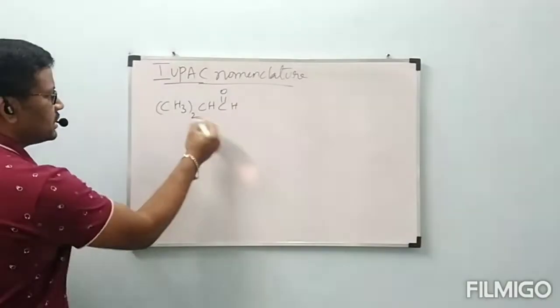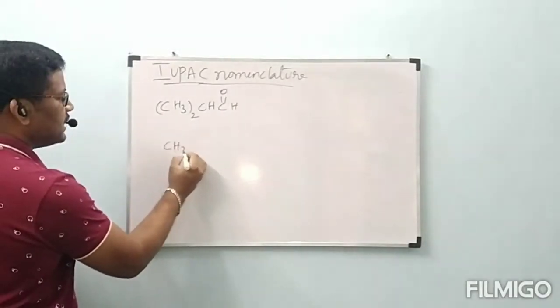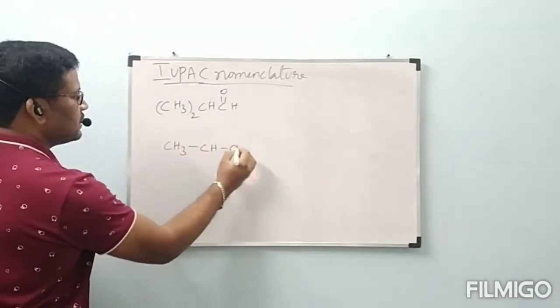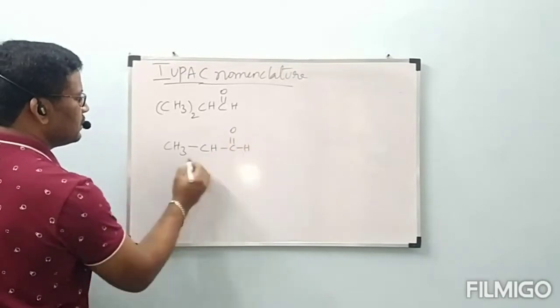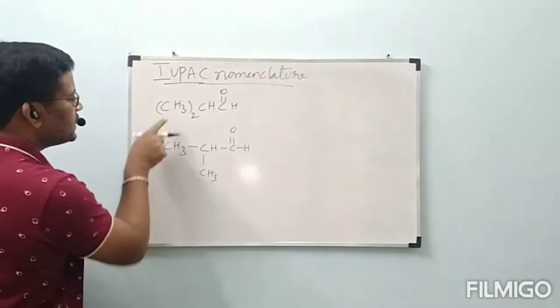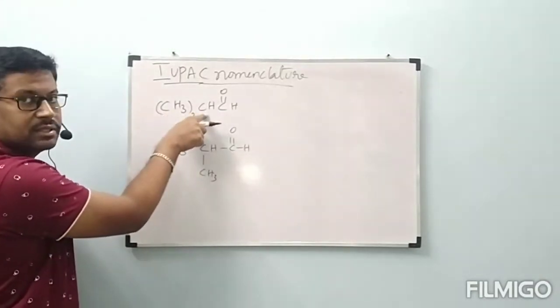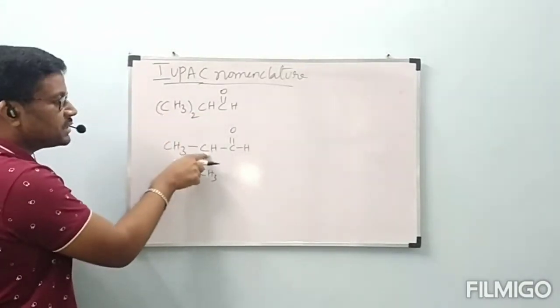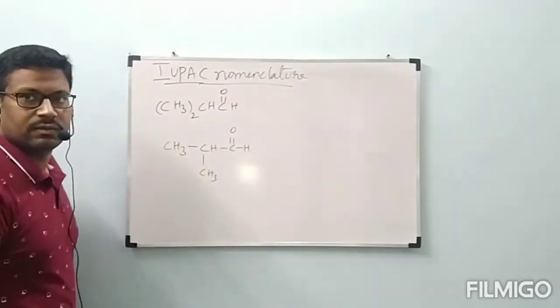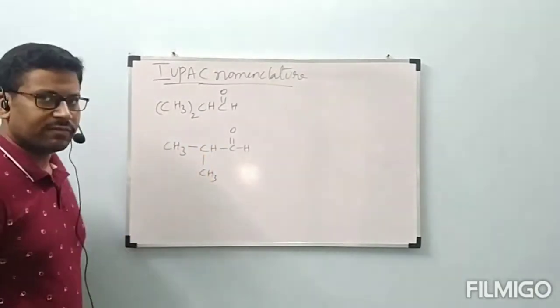Elaborately, we write CH3, single bond, CH, C double bond O, H, CH3. (CH3)2 is nothing but two CH3s bonded to this carbon, so I wrote two CH3s present on the CH with CHO. Now, what is the name of this compound?